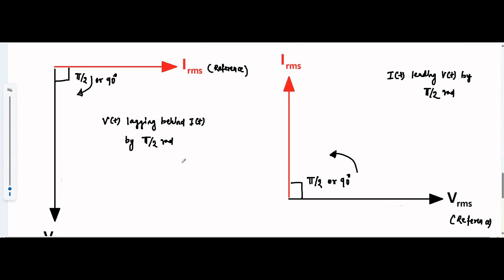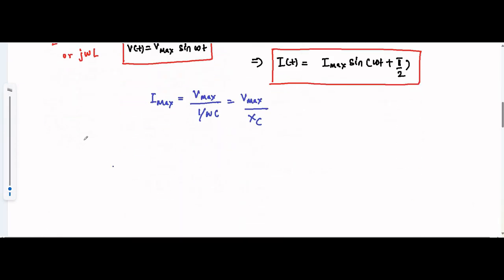Okay, so next is the concept of instantaneous power absorbed by the capacitive circuit, instantaneous power P(t).